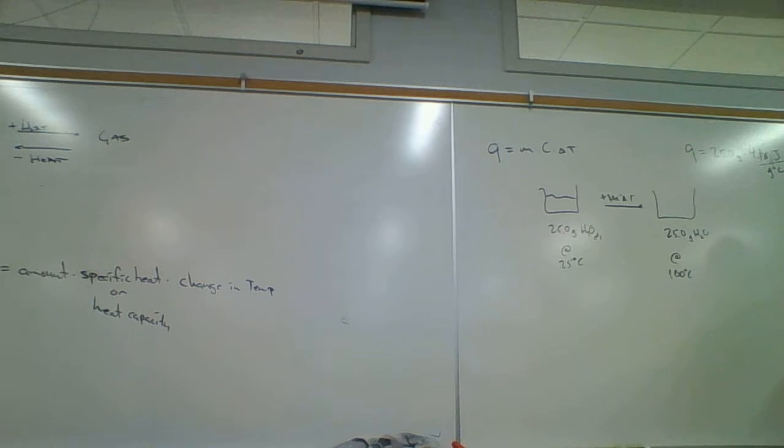Our delta T is T final minus T initial. T final is 100 degrees Celsius. T initial is, sorry, 25 degrees Celsius. And so the temperature increased by 75 degrees C. Let's calculate how much heat was required.